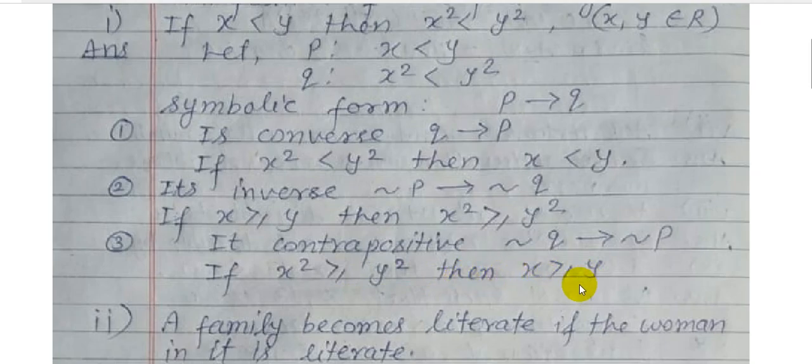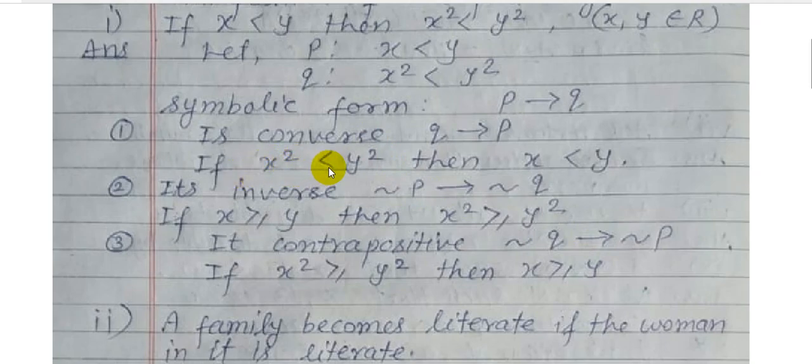This is the contrapositive. Always write it this way: directly you can say converse is this, inverse is this, and contrapositive is this, and write their verbal forms.